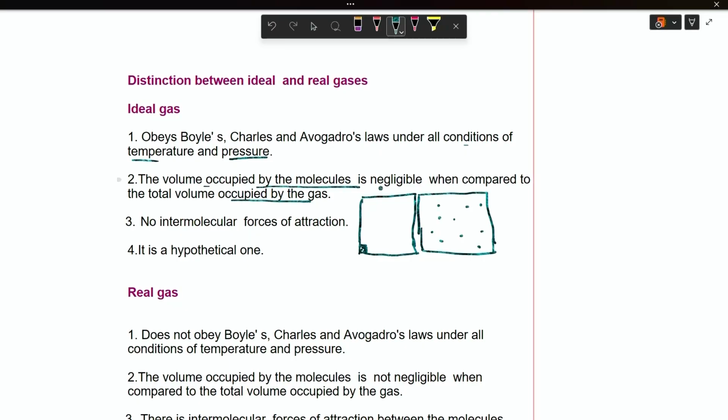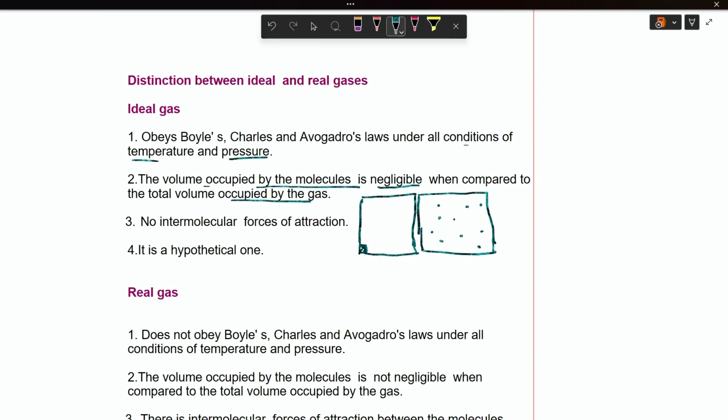While the gas occupies the whole container where the molecules are far apart. So, the volume required by the molecules is negligible when compared to the total volume occupied by the gas. The gas is occupying such a big volume; the molecules alone require only this much volume, and therefore, compared to the big volume, the volume of the molecules is negligible.